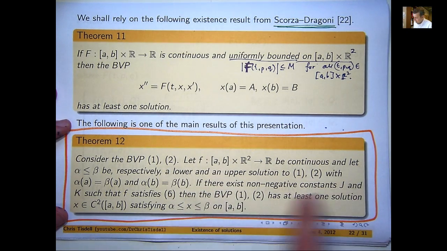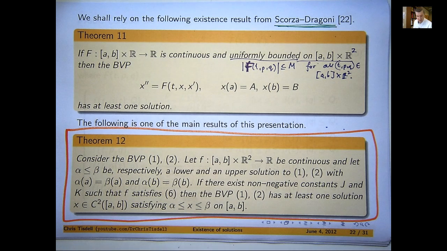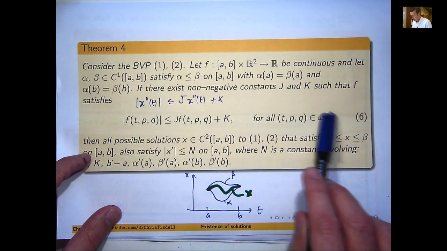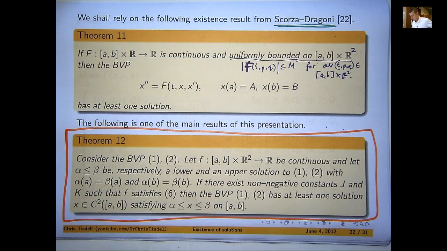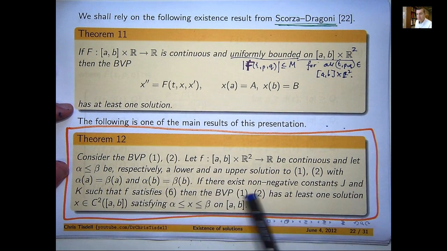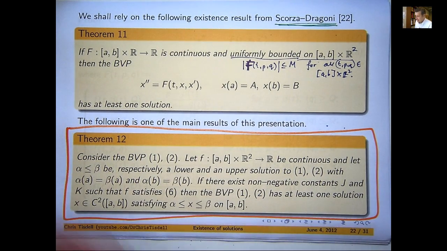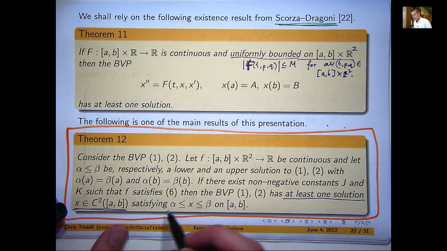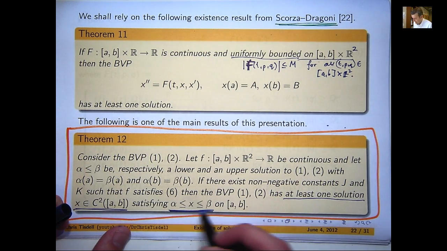If there exist non-negative constants, big J and big K, such that our F satisfies inequality 6 on this set omega, then our Dirichlet boundary value problem 1.12 has at least one solution, x, which is a C2 function, that stays between the alpha and the beta.